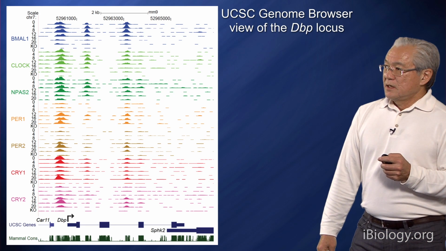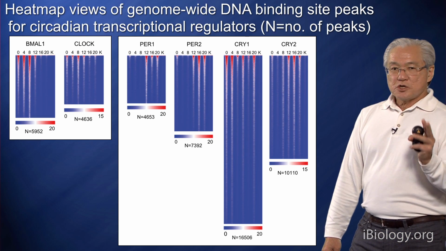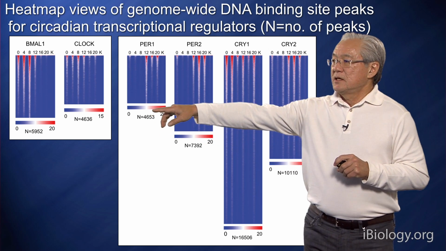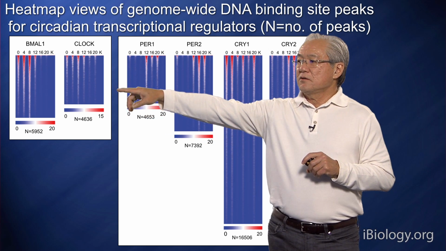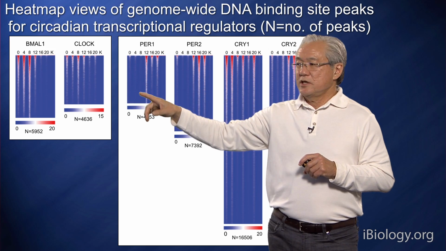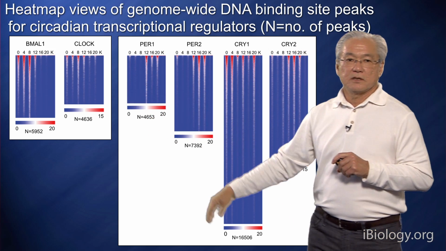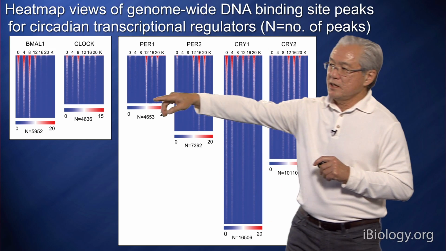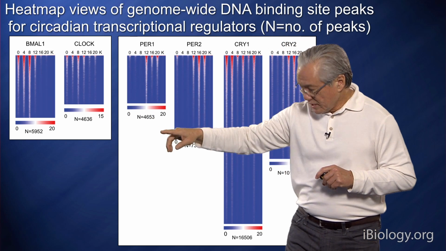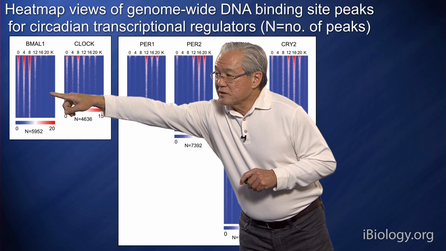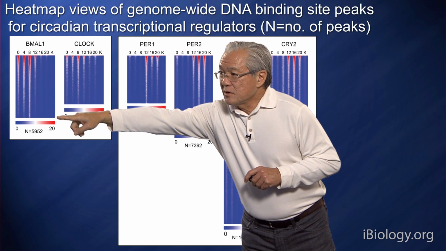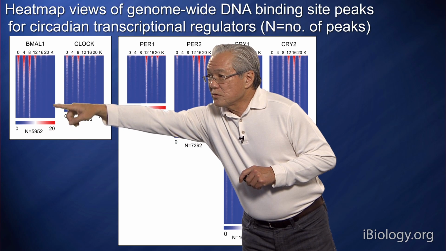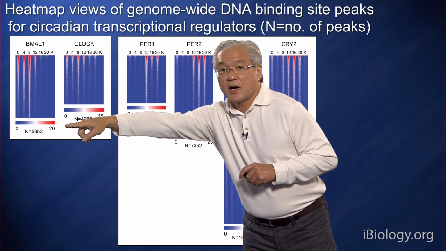So that's just one gene. What about a genome-wide view? So this is a representation of all the binding sites for each of the 6 major clock proteins across the entire genome in heatmap format. So in the case of BMAL1, shown way over here, there are about 5,900 sites in the genome, and the red shows the intensity of binding.